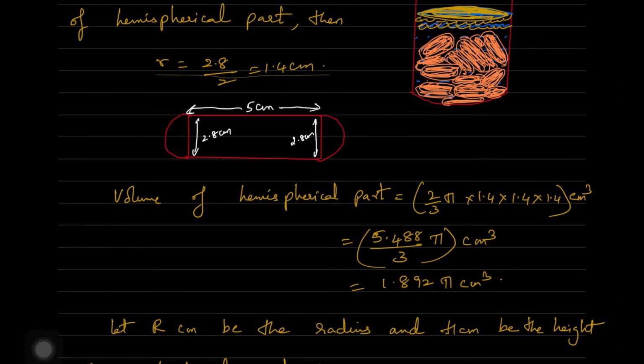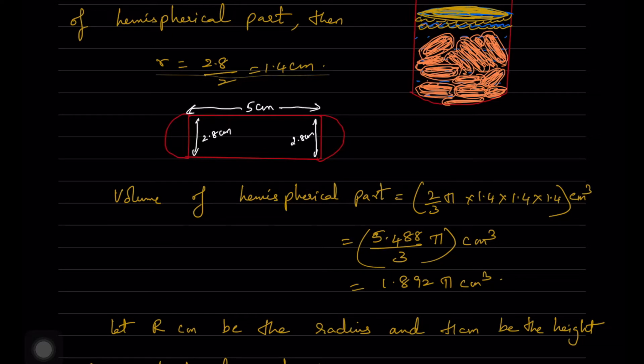Volume of hemispherical part is equal to 2 by 3 pi r cubed. So 2 by 3 pi into 1.4 into 1.4 into 1.4 centimeter cube, which is equal to 5.488 by 3 pi centimeter cubed.